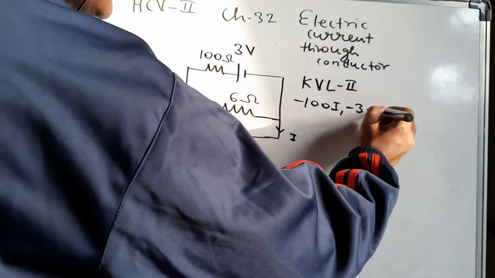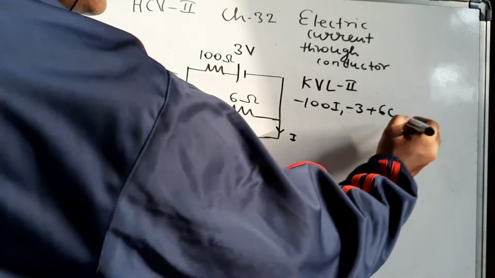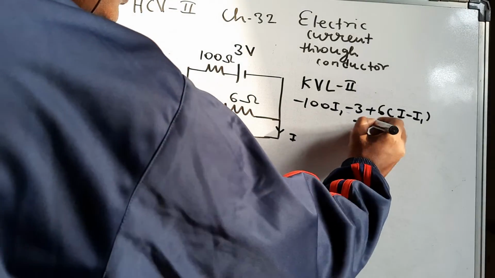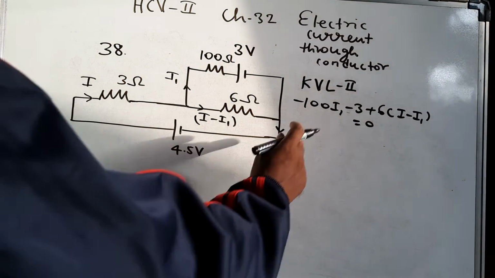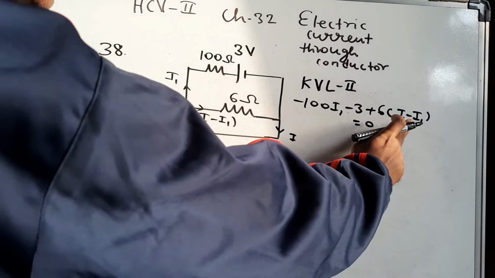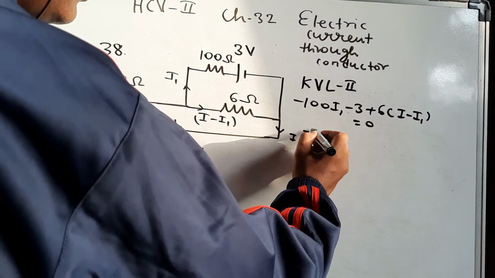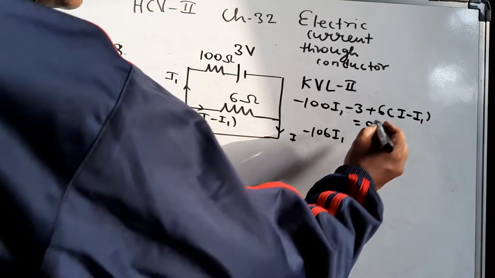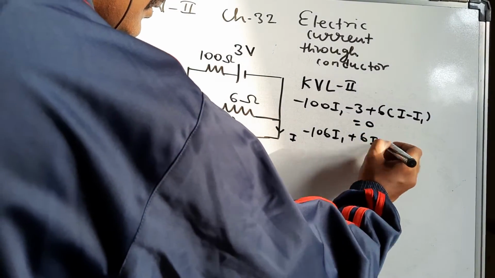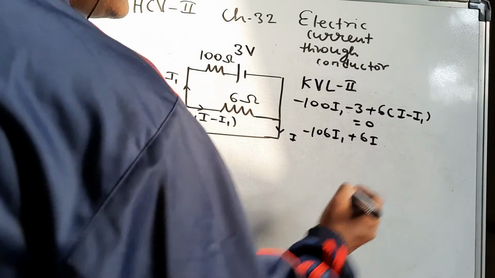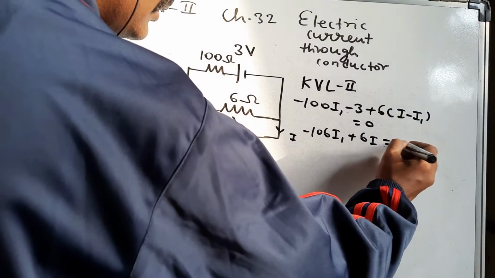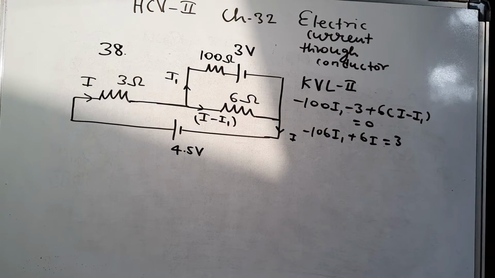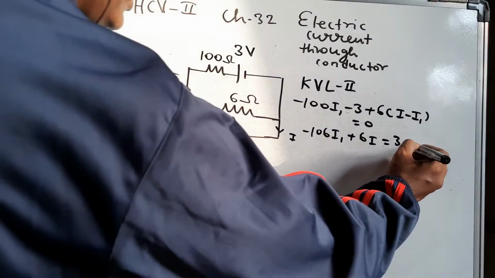So it is going to be plus 6 into (I minus I1), and the loop sums up to 0. So minus 100 I1 minus 6 I1 becomes minus 106 I1, plus 6I, and minus 3 comes on the right side, becoming plus 3. Equation number 1, let it be.